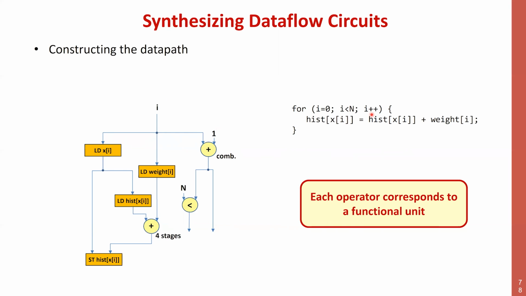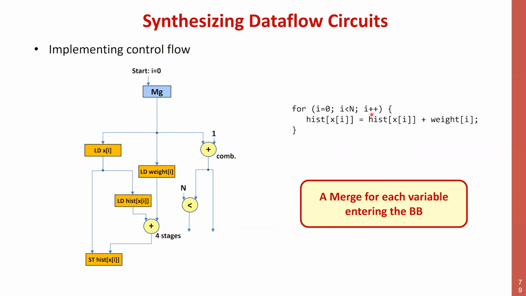There is an immediate duality between the intermediate representation of the compiler and the circuit that I produce. On top of that, I start putting a bit of the control flow graph. For instance, the fact that I have variables at entering the basic block may come from either of the predecessors of this basic block.